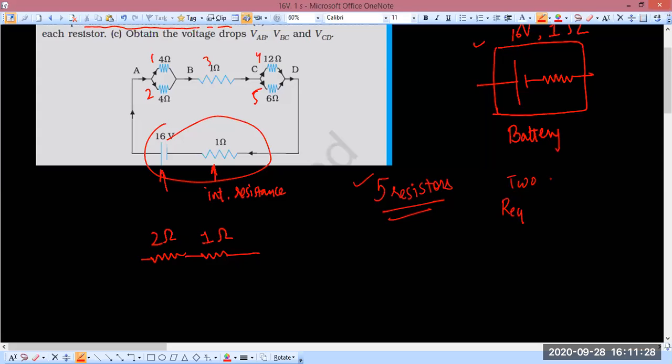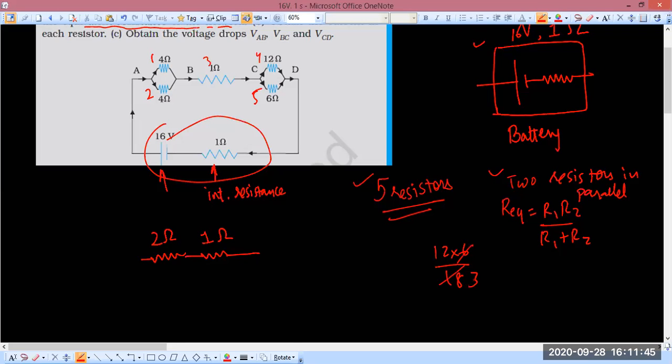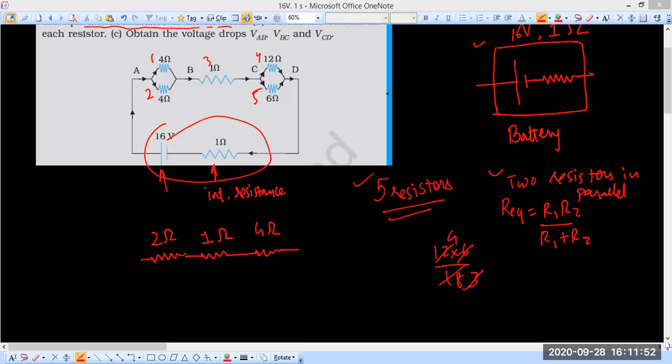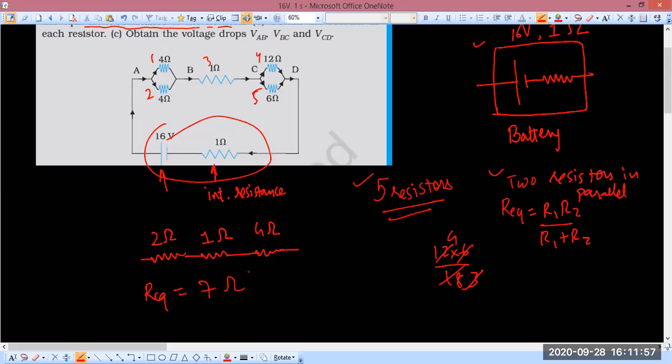You may have learned this in 10th also, that if you take the LCM of the 1 by R1, 1 by R2 formula, you get this. So for 2 resistors in parallel, you can use this as a very easy way. I hope that makes sense. So that's what we have, and this is the network. So the equivalent resistance is clearly 7 ohm. Okay, so that's it about the equivalent resistance of the network.